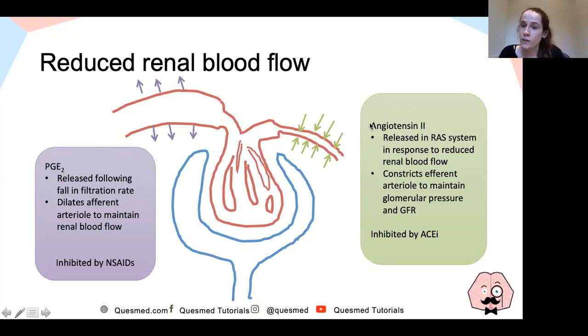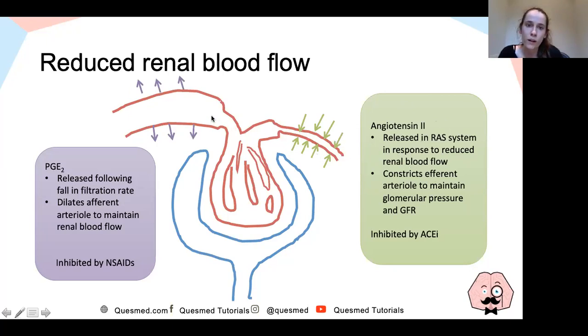On the other side of things, angiotensin 2, which is released via that cascade of the renin-angiotensin system, is released, and that is generally in response to reduced renal blood flow. What happens there is that constricts the efferent arteriole, and that maintains glomerular pressure by causing a back pressure.